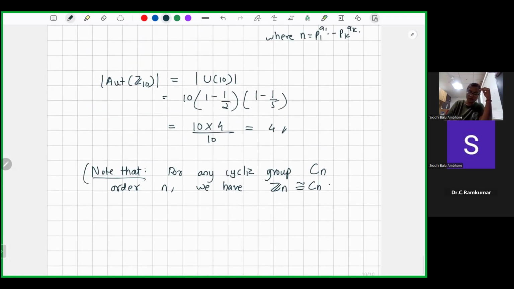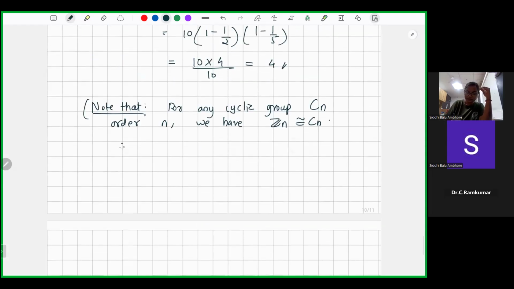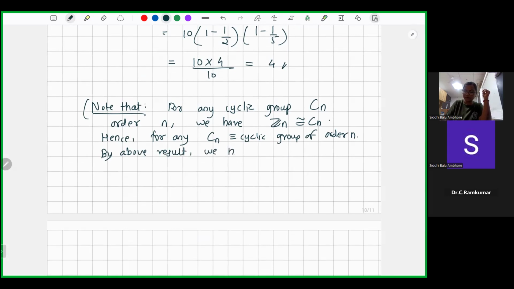Hence, by the above result, the cardinality of Aut of this Cn is actually equal to that of Un.